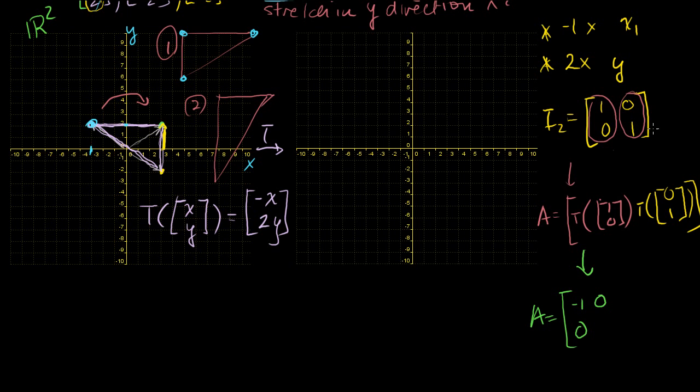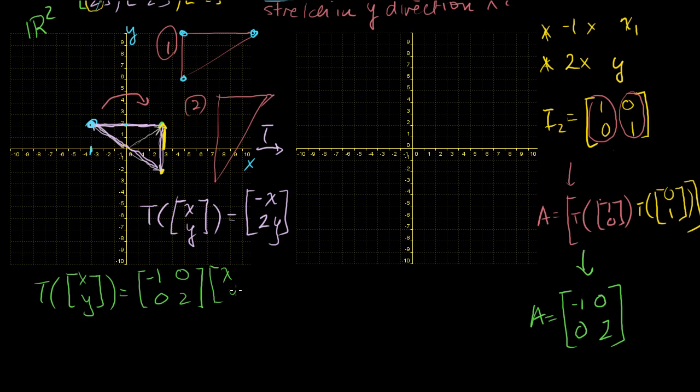So 2 times 1 is equal to 2. So now we can describe this transformation of some vector x, y as a matrix vector product. It is equal to the matrix -1, 0, 0, 2 times our vector x, y.